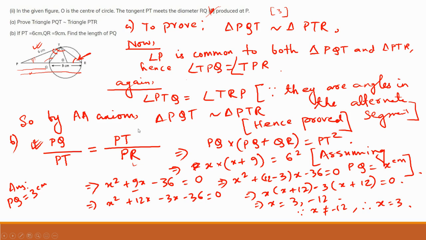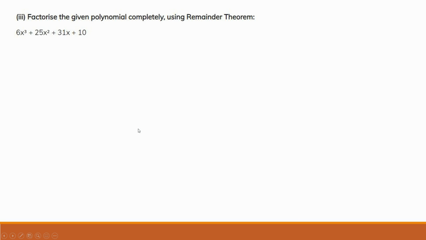Okay, let's move to the next question. So factorize the given polynomial completely using remainder theorem. So they have given you 6x cube plus 25x square plus 31x plus 10. Now basically you have to factorize the entire polynomial, right?